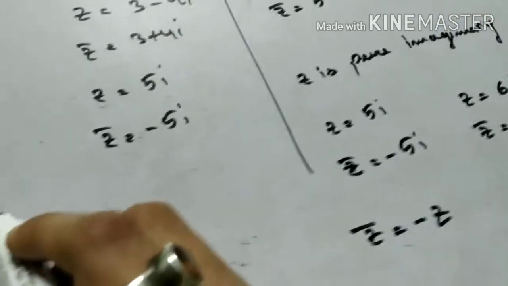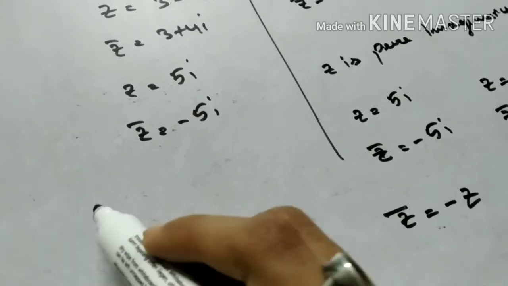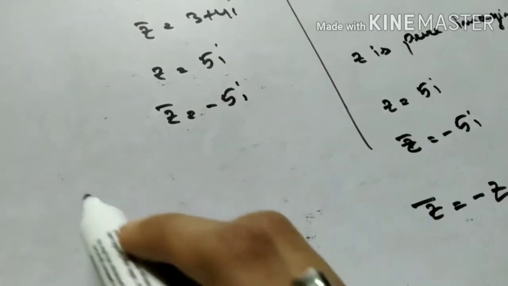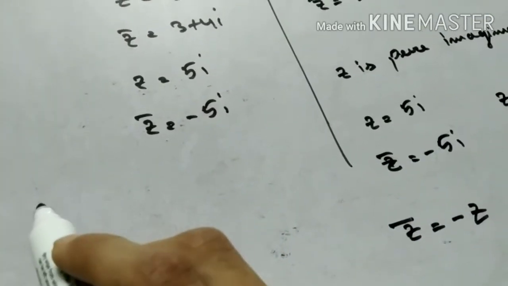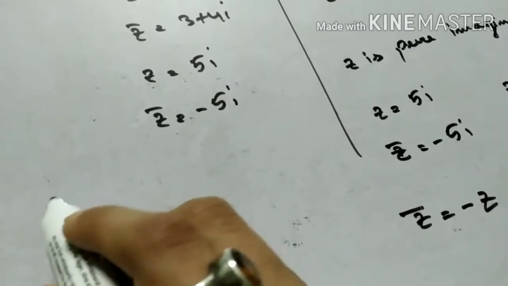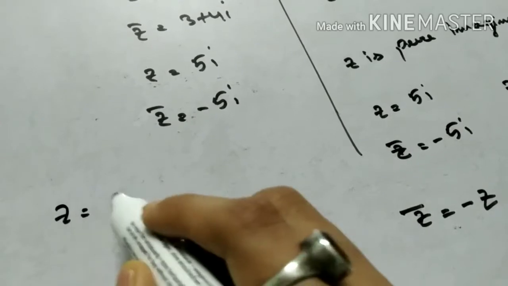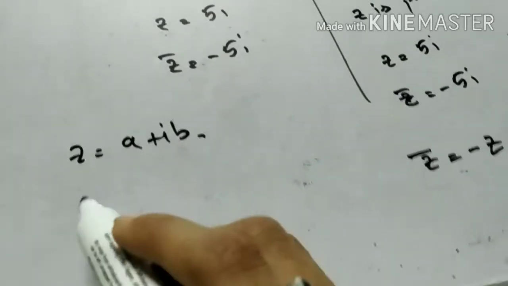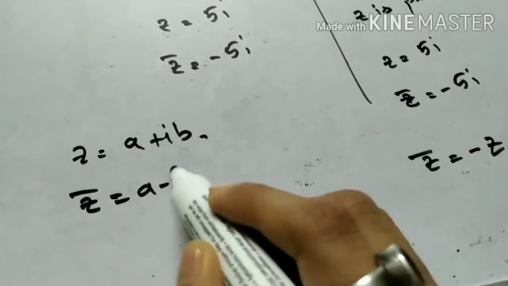Okay. Now, conjugate of the conjugate of a complex number. That means if I say, for example, Z is equals to A plus IB, its conjugate will be A minus IB.